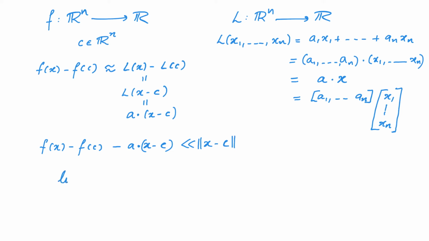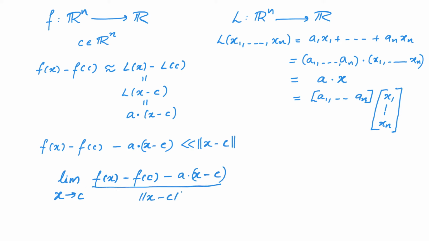More precisely, if you look at the limit as x tends to c of f of x minus f of c minus a dot x minus c divided by the norm of x minus c, we want this quantity to be equal to 0. Notice that if this ratio tends to 0, then that means this tends to 0 faster than this. So we are exactly making this intuition precise.